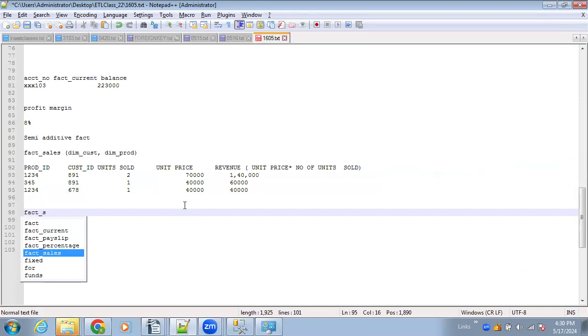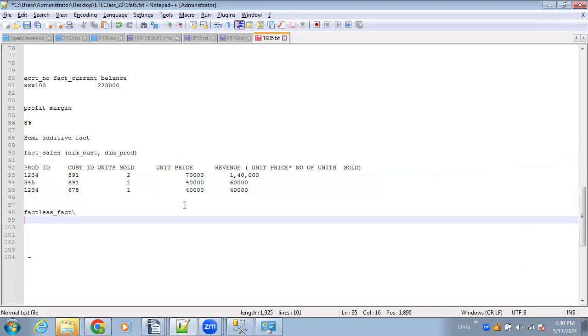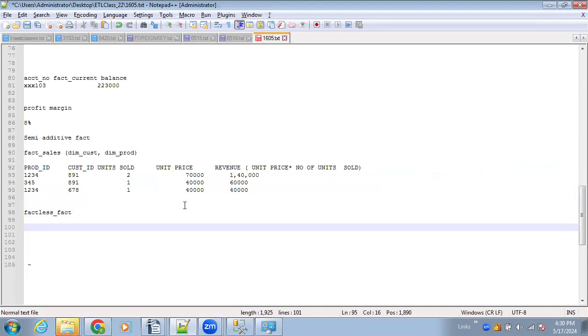A factless fact is one that consists of only the reference keys, meaning product ID, customer ID, time ID, deposit, account number, something like this. Only the reference keys.